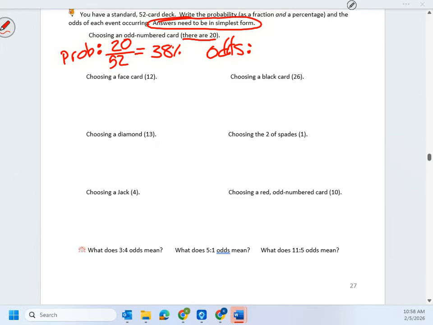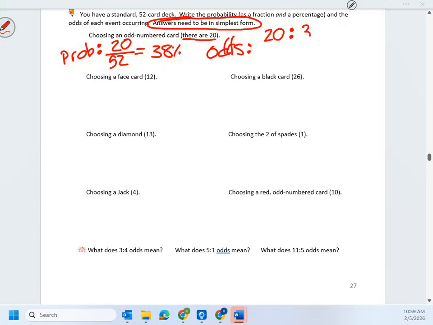Give it a chance, Clara. What do you think? 20 plus. Not plus. Remember, when we do a ratio, you can do the colon, you can do the word to, you can do it as a fraction, looking like a fraction, right? I like to do it with the colon. That's just my go-to. So 20 to what? What's the second number? To 32.